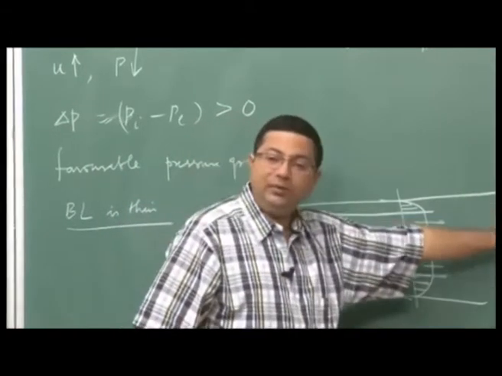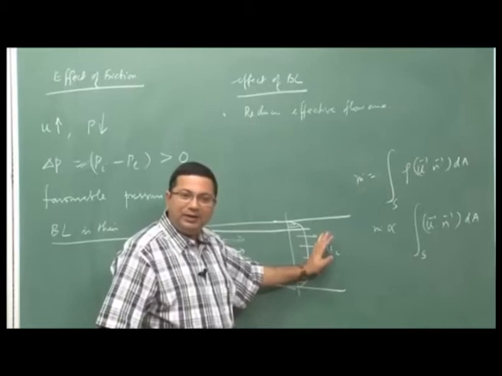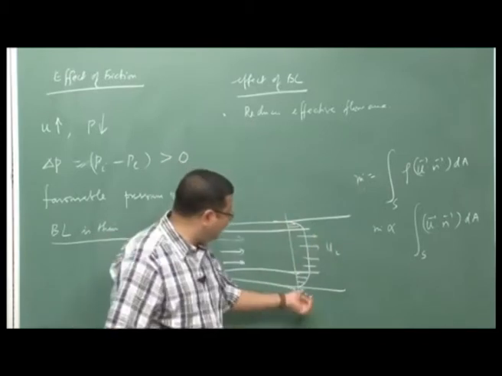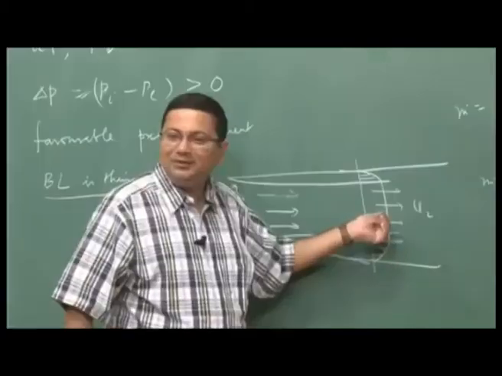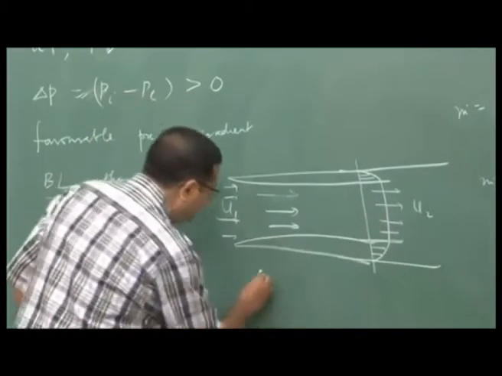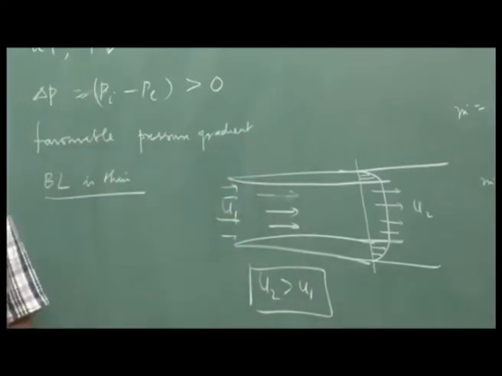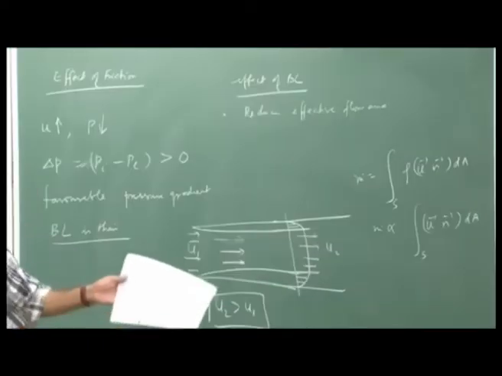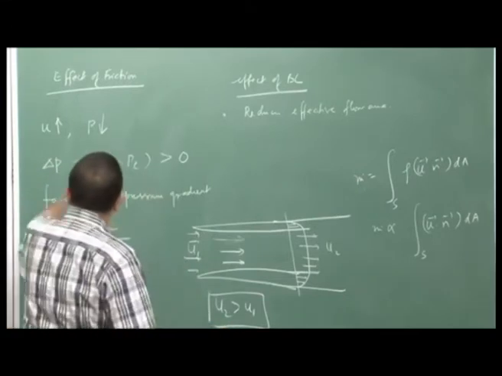So, the mass flow rate should remain constant. So, the mass flow rate here and here should be same. In order to achieve that, since there is a slowing of velocity here, this has to move faster. Therefore, our u2 is greater than u1. So, the boundary layer kind of squeezes the flow and accelerates it. So, same thing is going to happen here.